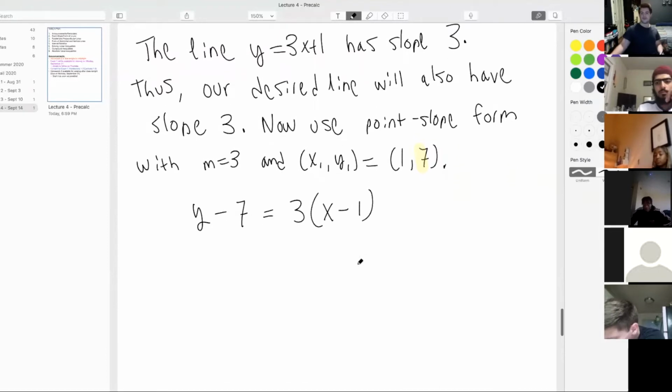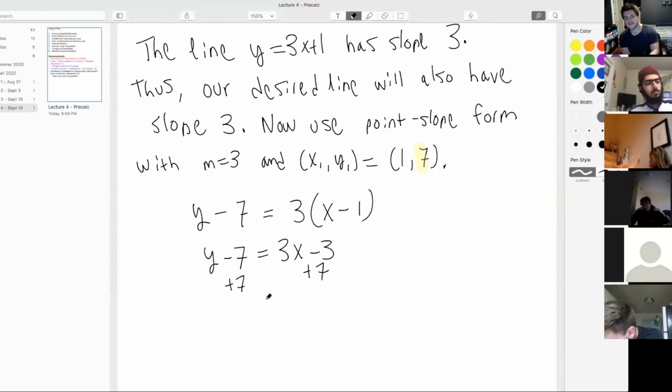All right, so I just plugged into point slope form, and now let me do some algebra to put this into y equals mx plus b form. Let me distribute the 3, so it'd be 3x minus 3. Now add 7 to both sides. So your final answer is y equals 3x plus 4.